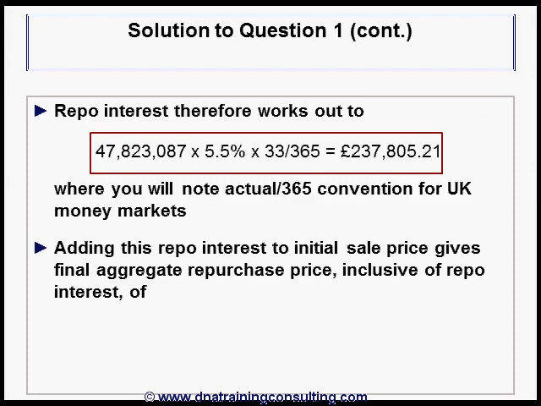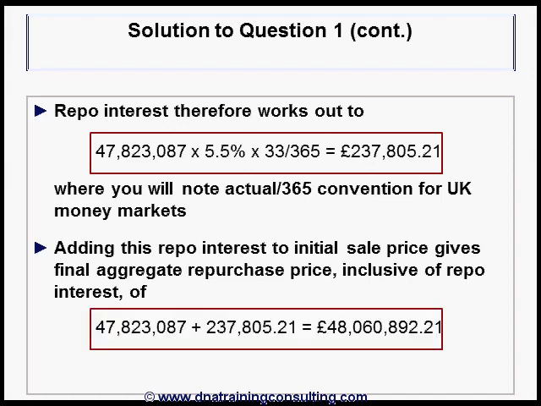Adding this repo interest to the initial sale price gives a final aggregate repurchase price, inclusive of repo interest, of this quantity here. So the correct answer is B as in boy.